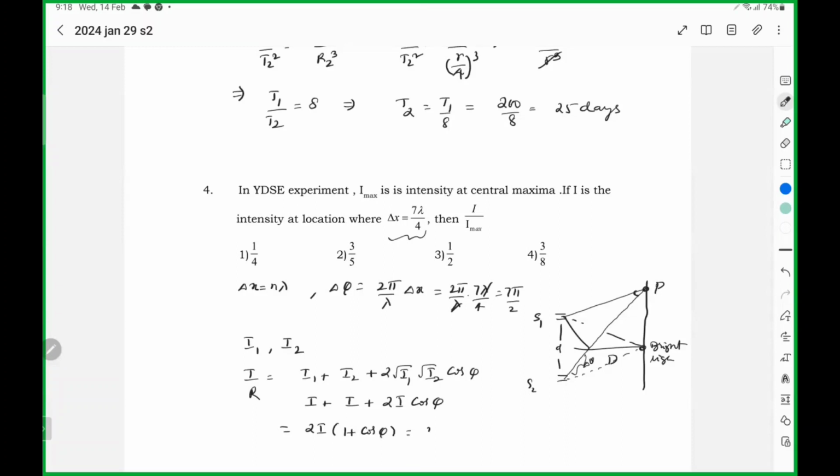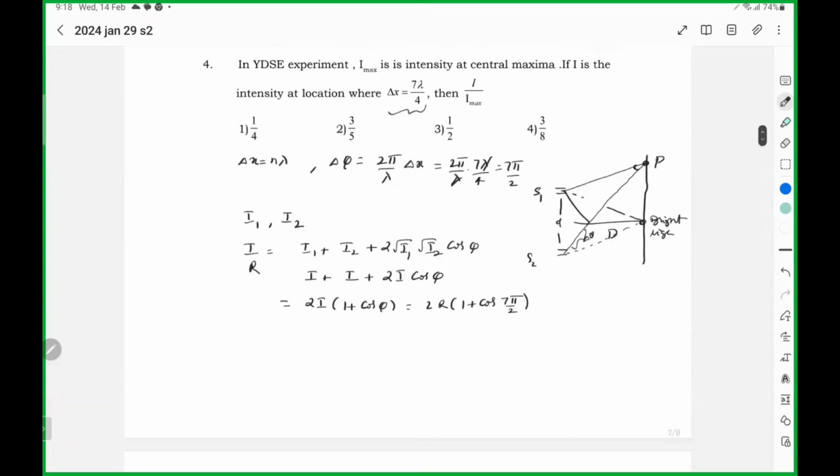So here it is 1 plus cos 7 pi by 2, that is phase difference. Cos 270 is 0. Odd multiples of pi by 2 is 0.